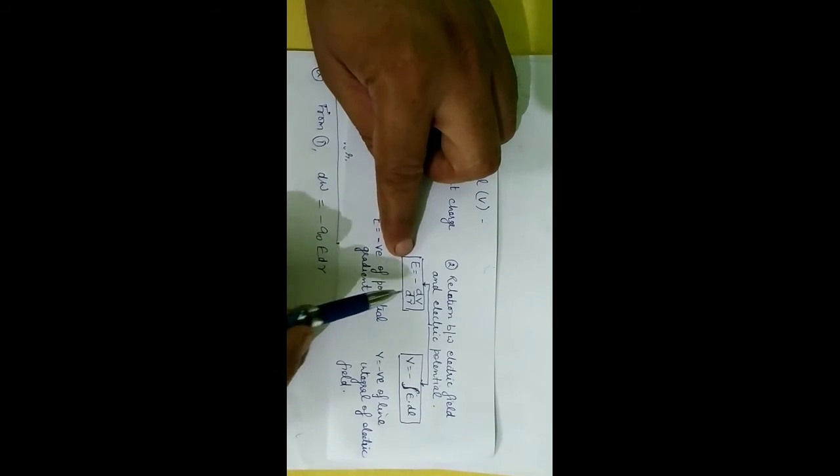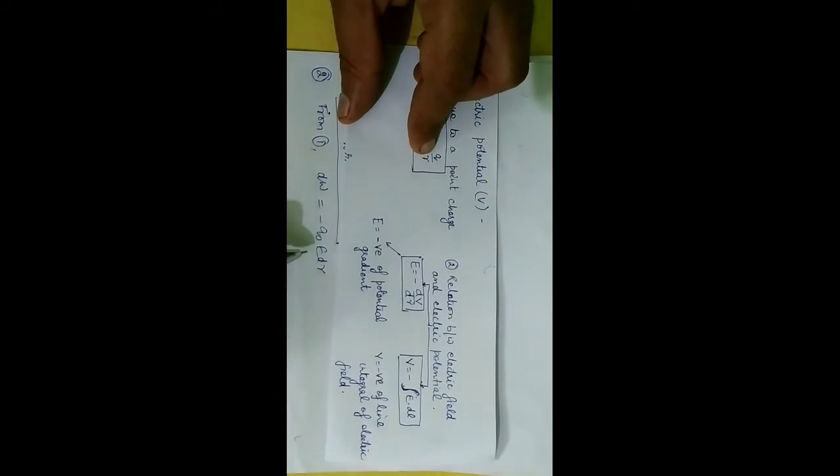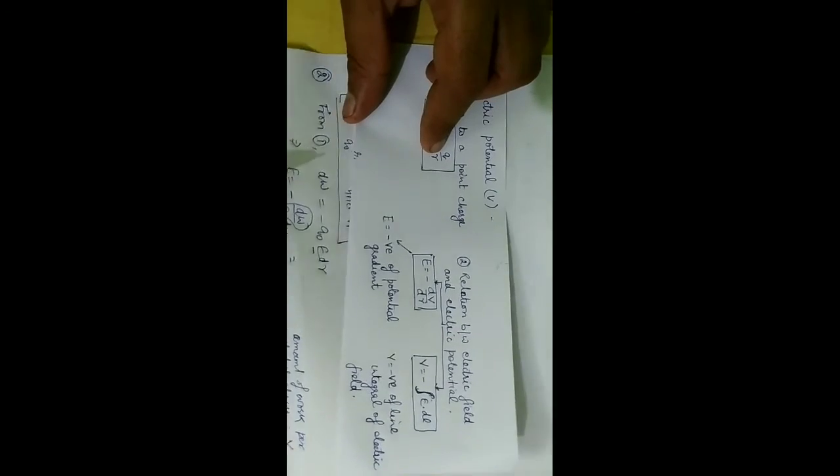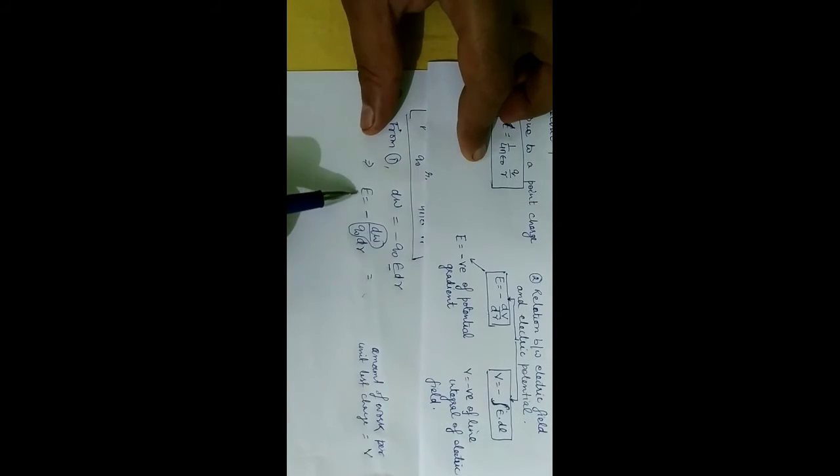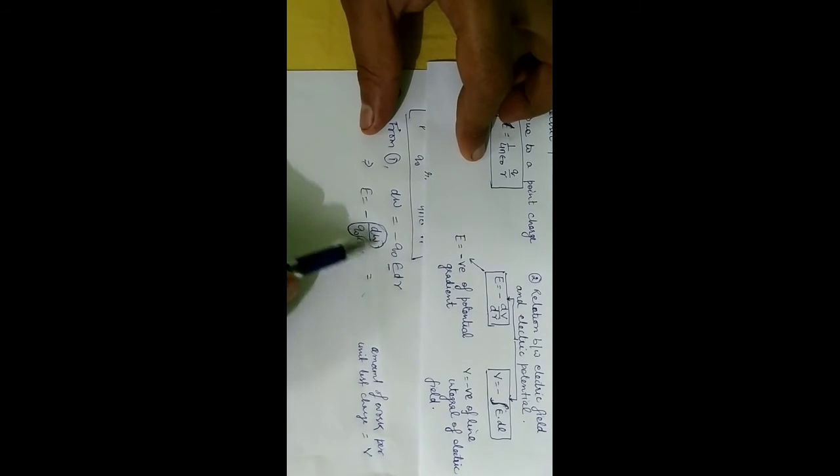So E is equal to, I want to calculate from here, E is equal to how much? See here, electric field is negative of dW divided by q naught into dr. So what is this relationship? dW divided by q naught, amount of work done per unit test charge, that is nothing but electric potential.